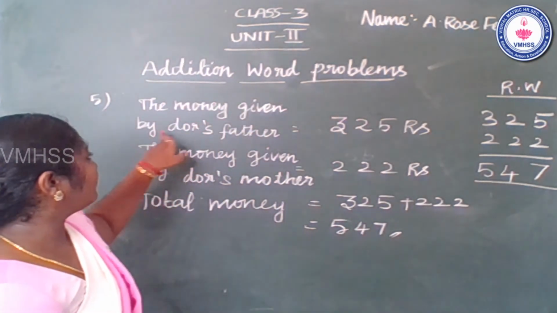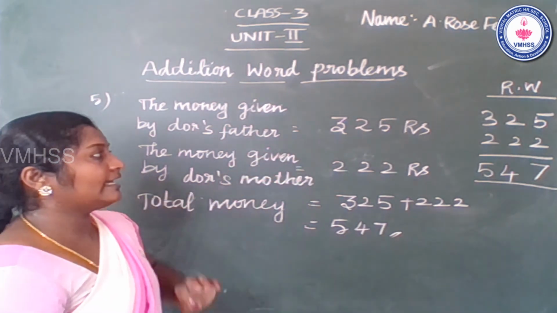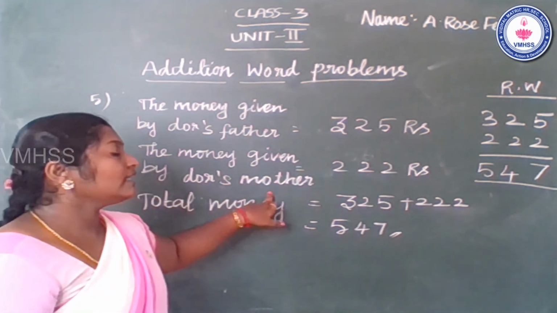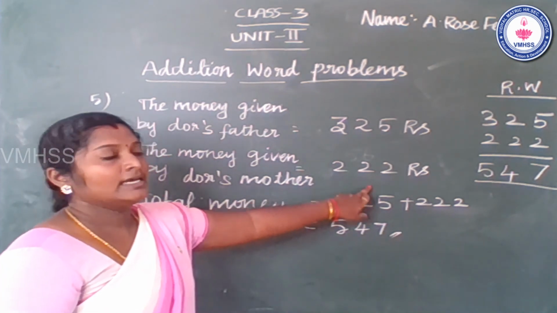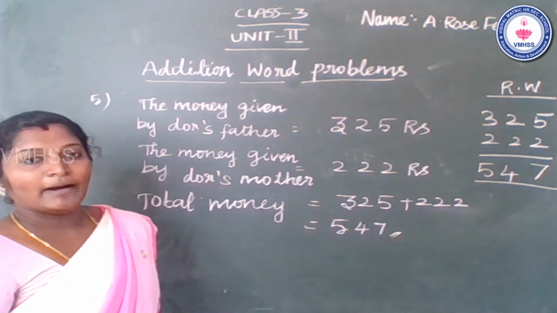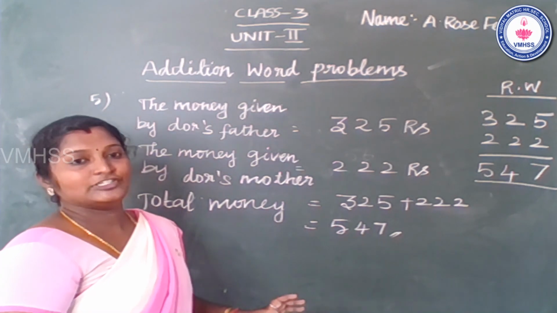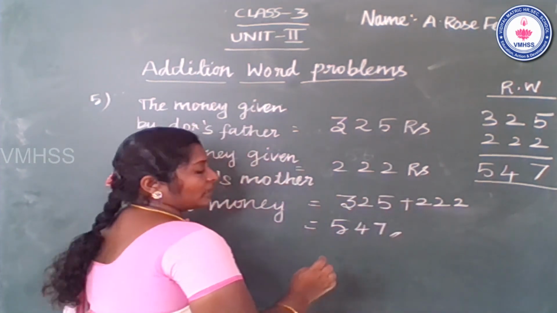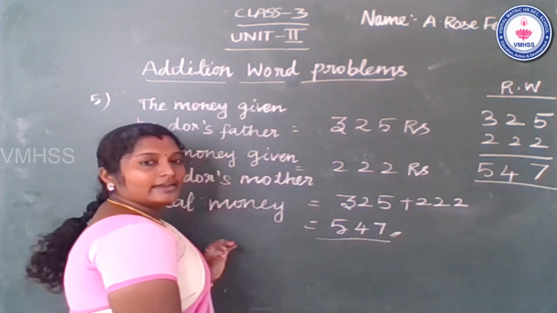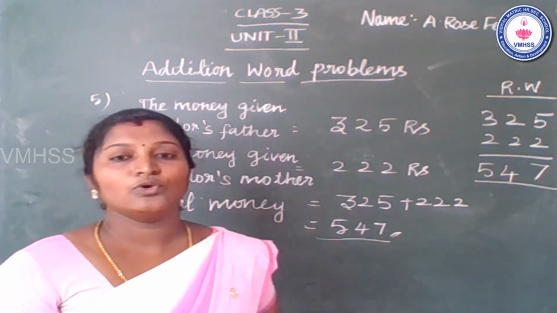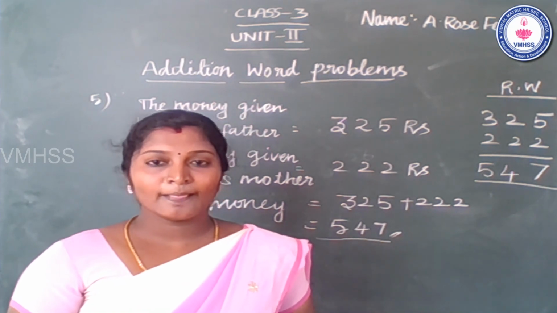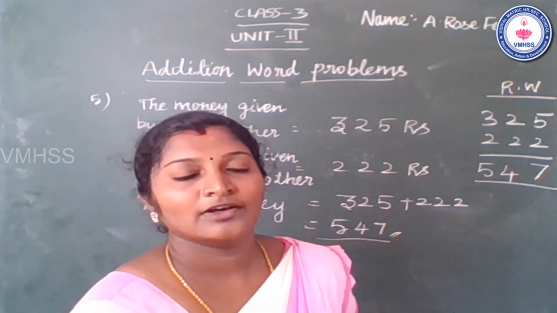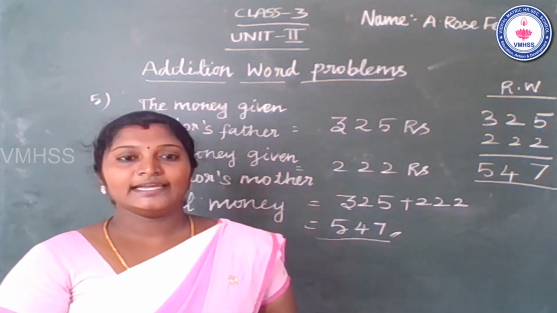The money given by Dora's father is 325 rupees, and by Dora's mother is 222 rupees. Here, the total number of money, total means addition: 325 plus 222. Now we get the answer 547 rupees. So Dora has how many rupees? Very good, 547 rupees. Do you understand, students?